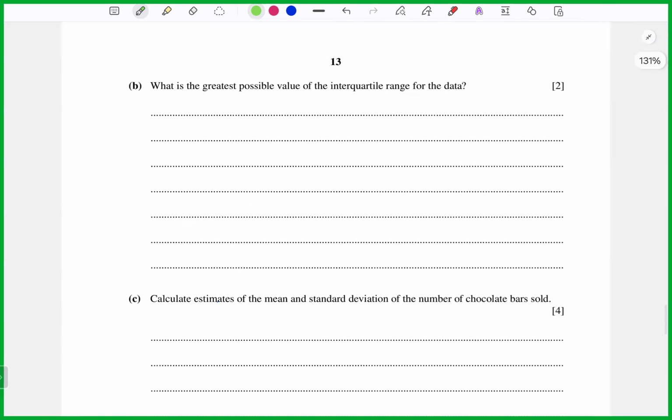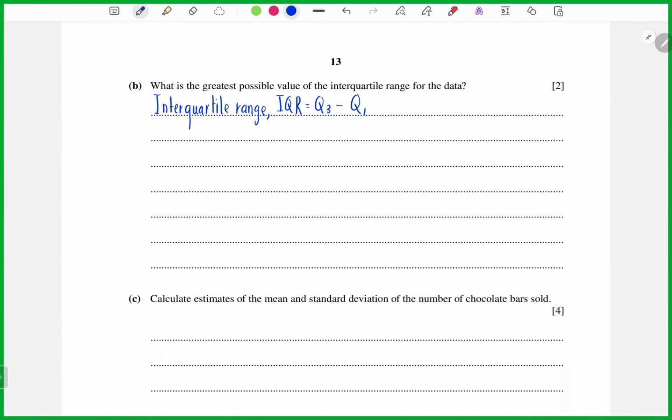Question B, what is the greatest possible value of the interquartile range for the data? So I write here, interquartile range. IQR equals third quartile minus first quartile.